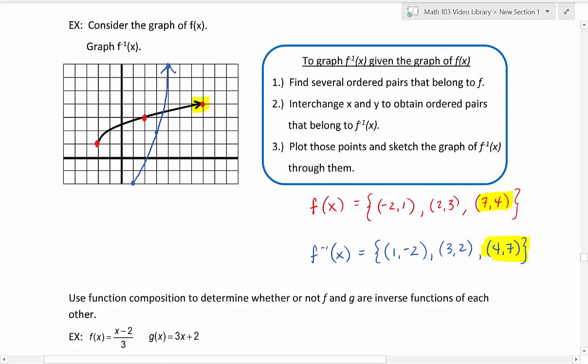So there we have f inverse of x in blue. If I draw in the line y equals x, we can confirm that these two graphs are symmetric about the line y equals x.